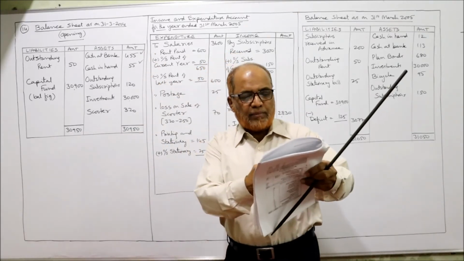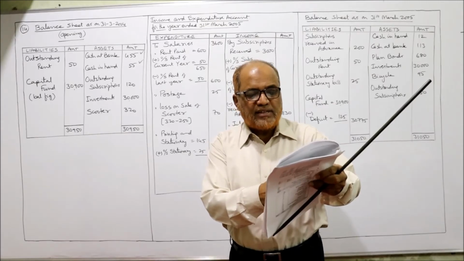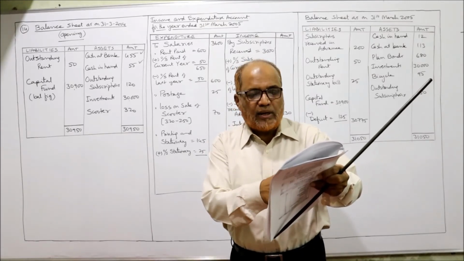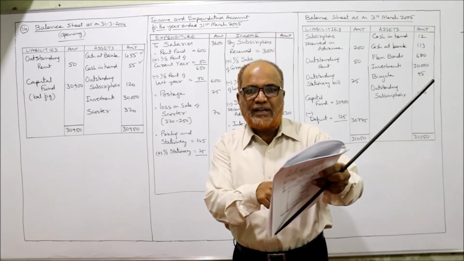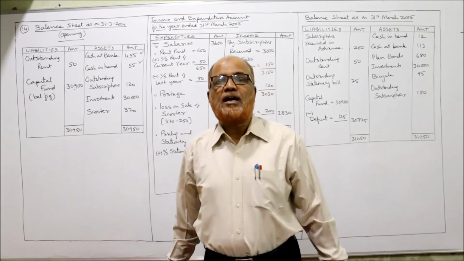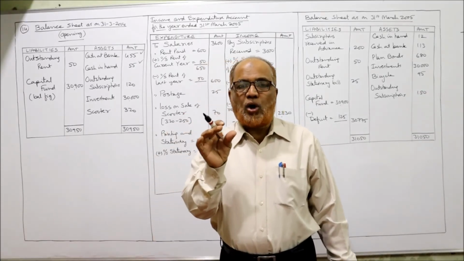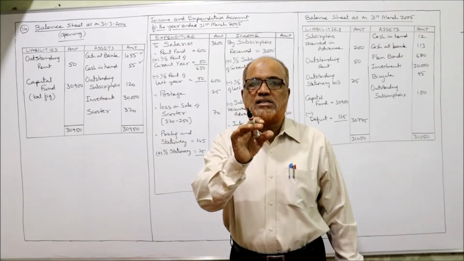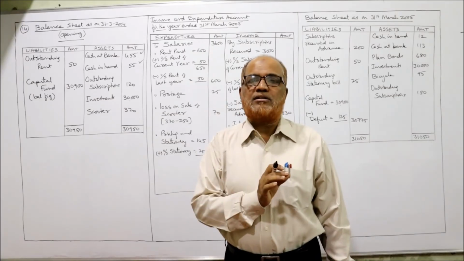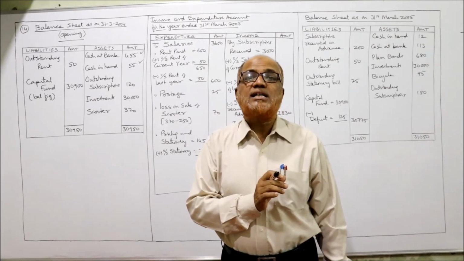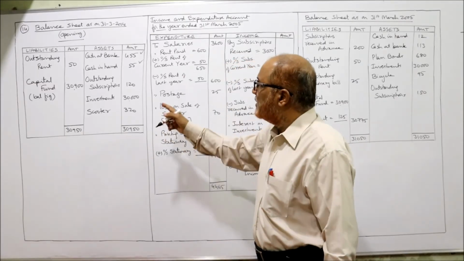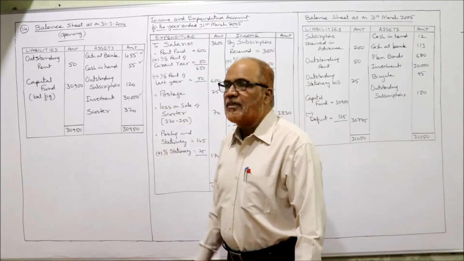Similarly, if you come downward, you can see cost of investments. On the receipt side you can see interest on investment 1500. Cost of investment is 30,000. That means this non-profit organization has investment, and investment is an asset. So on the asset side, investment 30,000.